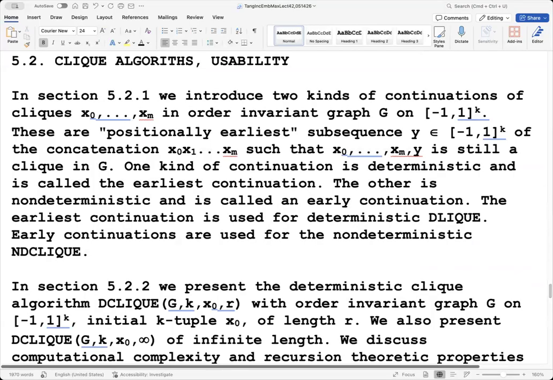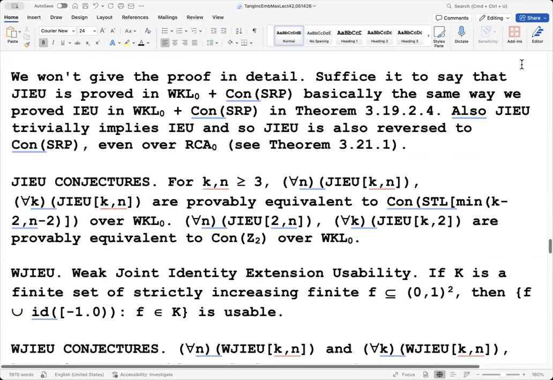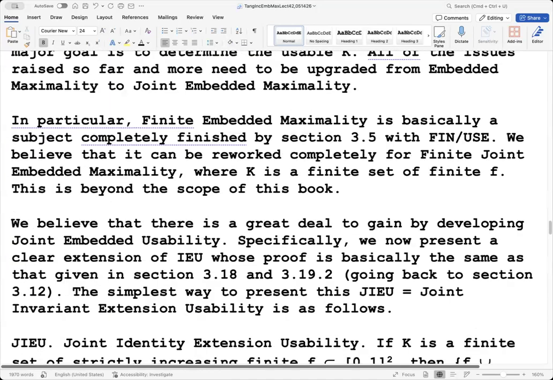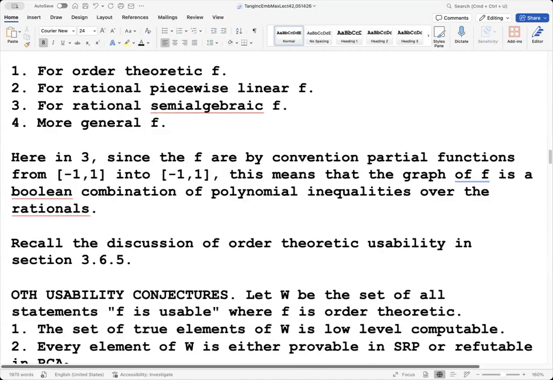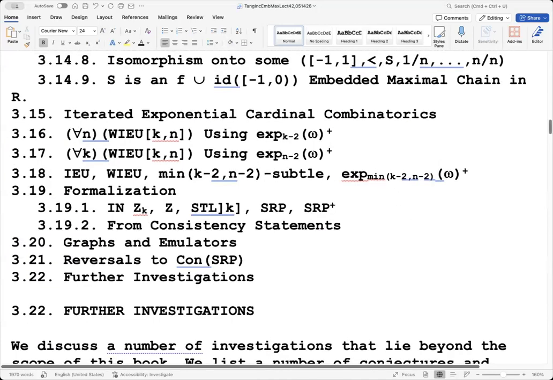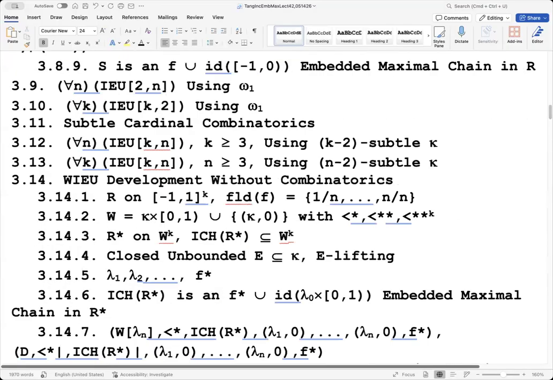Where's my table of contents? Yeah. Okay. So I'm convinced that I have the right chapter 5. I didn't actually execute it that well.